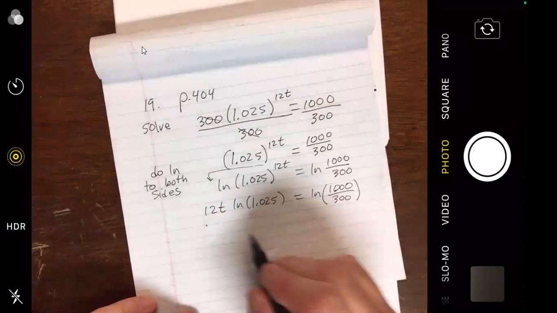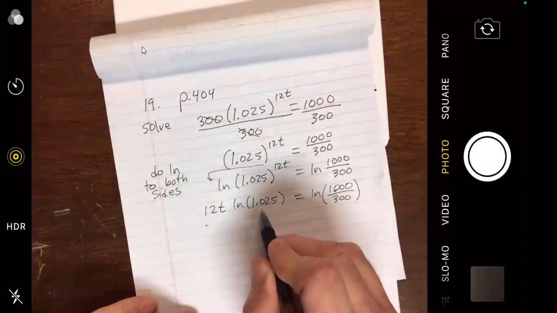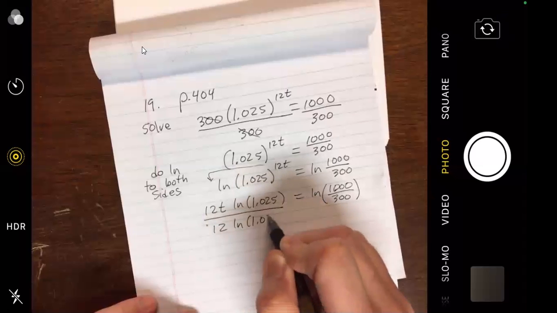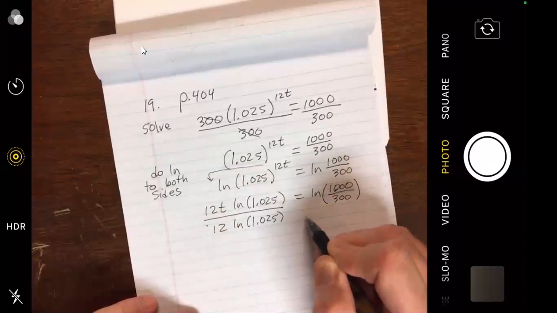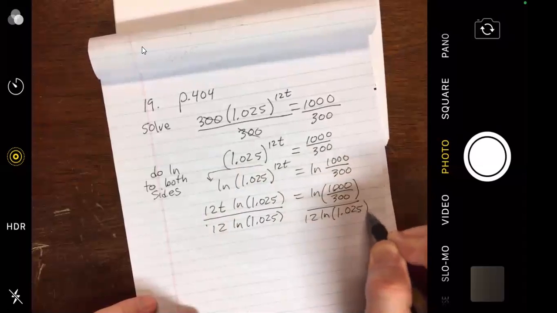All right, and now you can kind of see I'm going to divide both sides by the 12 and ln of 1.025. They're just coefficients. I do them both at once.